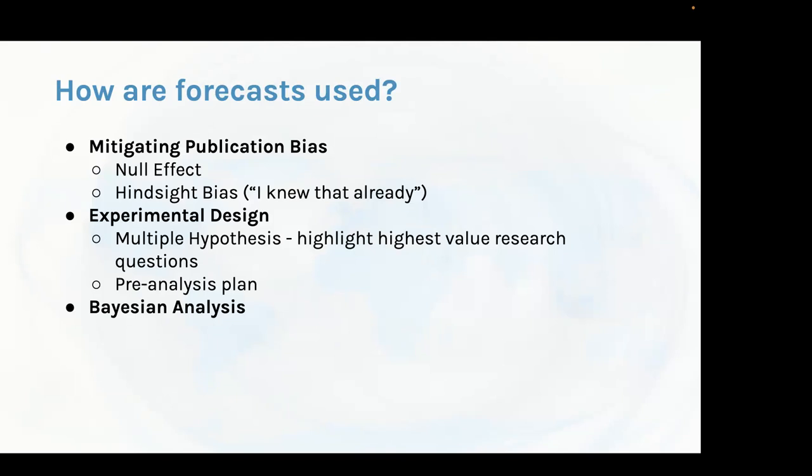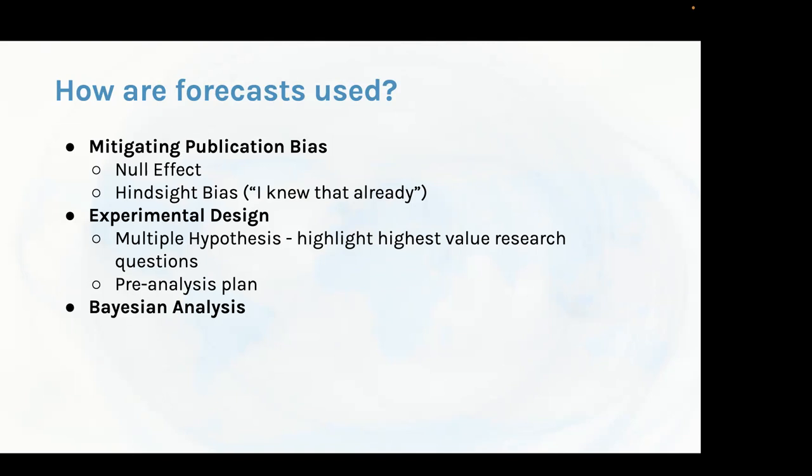For the second point, improving experimental designs, it's common for RCTs and other studies to have a lot of different hypotheses that the research team wants to test. Sometimes it's difficult because of financial constraints, resource constraints, or simply because it's not possible to run all the experiments to test all the hypotheses.